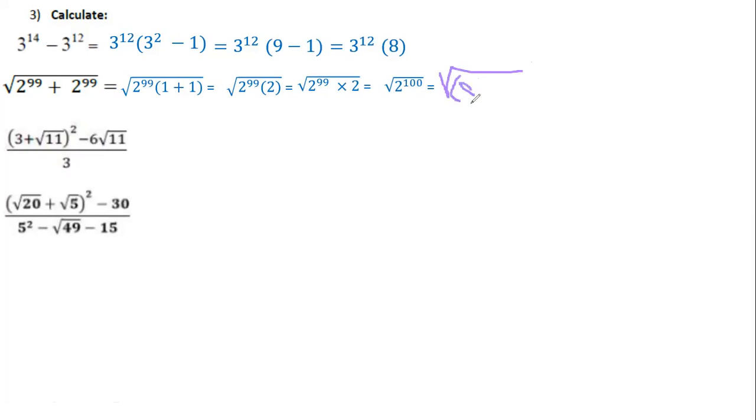So it will be 2 to the power 50, all of it squared, because I should simplify the radicand, and the squared cancels the radical, so my answer will be 2 to the power 50. Now we will be solving the last two in this exercise.